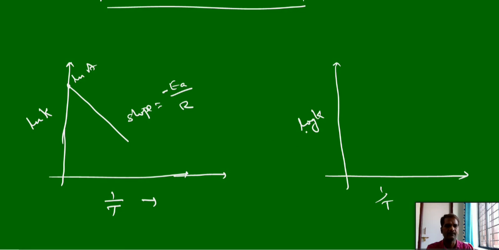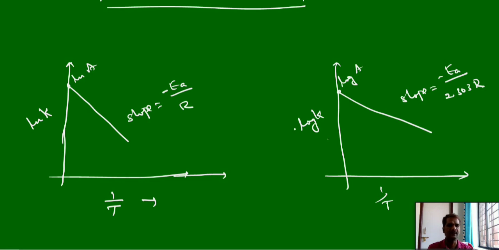And if you draw a graph with respect to log, again the same, negative slope, y equals minus mx, where the intercept is log A and the slope is minus Ea by 2.303 R. And this is very important. When you draw a graph of ln K versus 1 by T, what is the slope, what is the intercept?